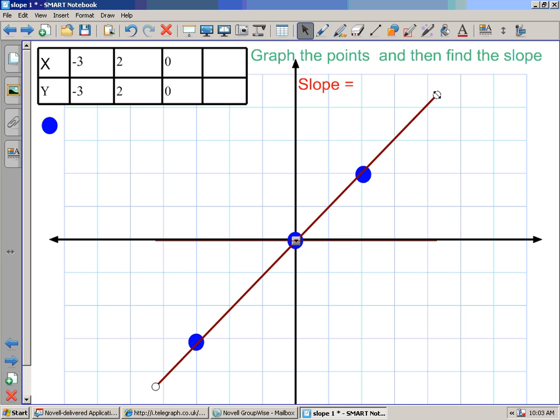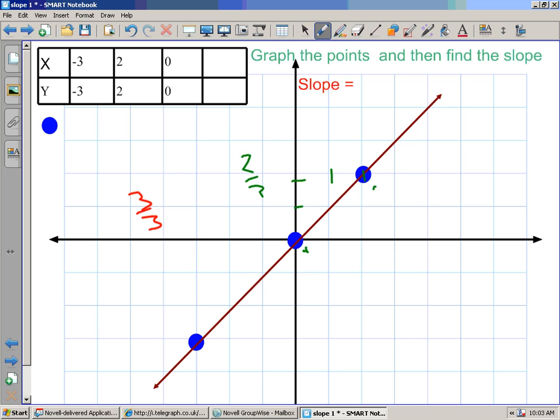Now, when you do this, you can say, well, how do I know which 2 to use? I'm going to use all of them once. So let's say I was going from this point to this point. Up 1, 2, 3, over 1, 2, 3. So that's 3 over 3, which would have been a slope of 1. Okay. Let's say I was using these 2 points. Up 1, 2, over 1, 2.